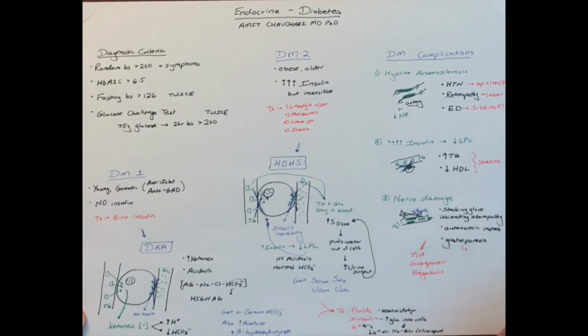If you specifically have gastroparesis, in addition to this, you will add metoclopramide, or you can add erythromycin. Because erythromycin, in addition to being an antibiotic, will help with the gastroparesis.